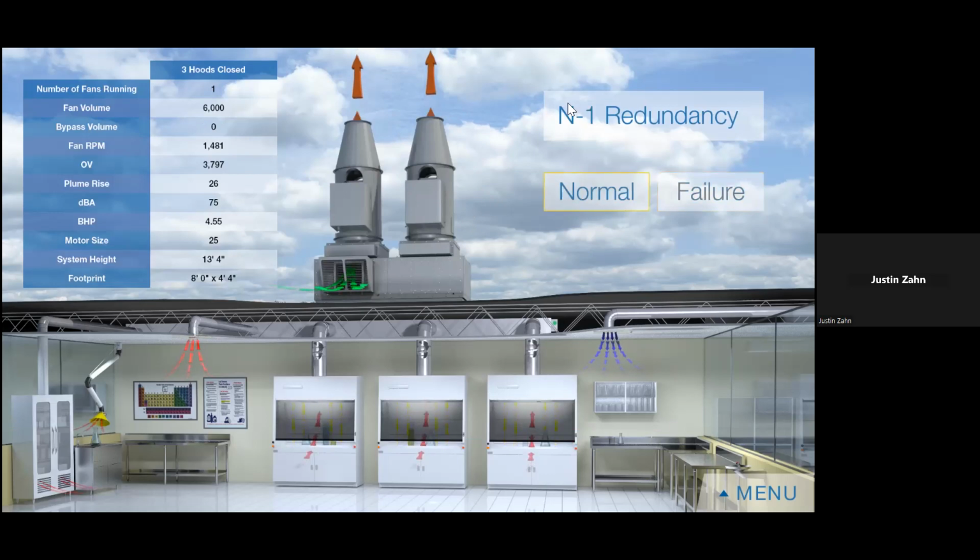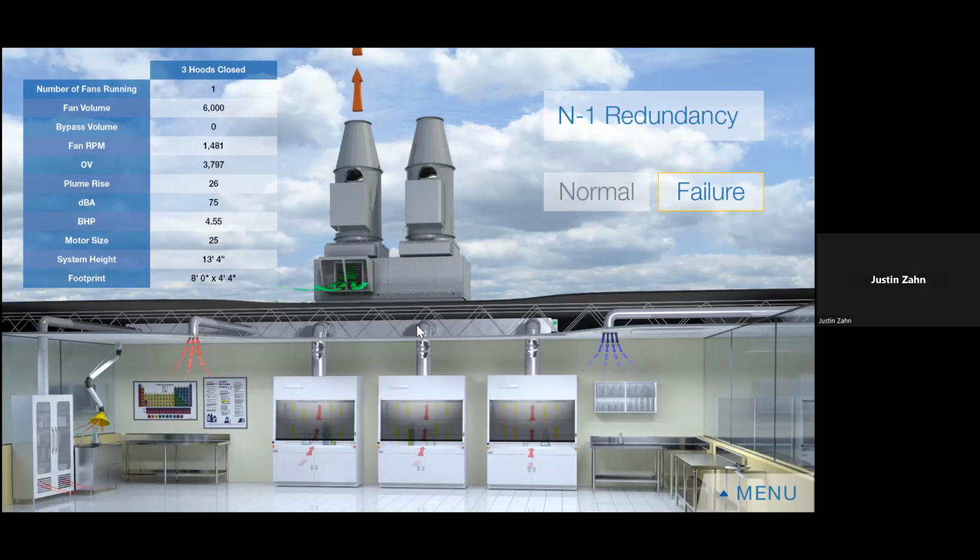Whereas with N-1, you have both fans running at 50%, both taking on half the load, or half the CFM. As one fan fails, the other one will automatically ramp all the way up. As that ramps up, this one is obviously shut off. One thing with N-1 is it does require a bigger motor up front. Why does it require a bigger motor up front? Well, when these fans are only running at 50%, so 50% CFM is going through these fans, the nozzle diameter needs to be much smaller up top in order to maintain your targeted velocity.